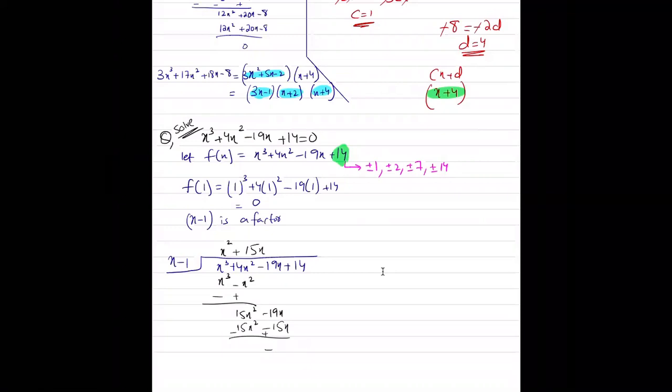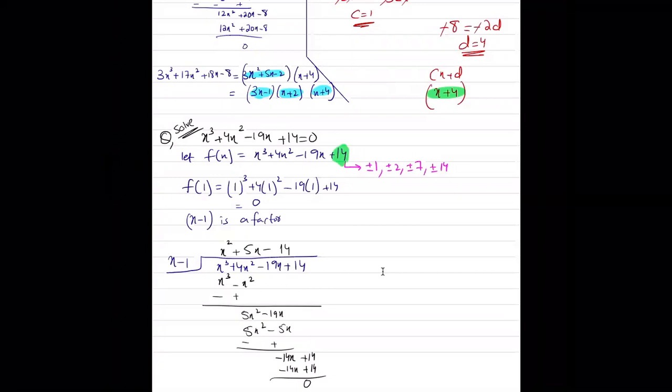Oh my bad, sorry. This is 5x squared. When you add 4x squared with x squared, you are going to get 5x squared minus 19x. This should be multiplied by 5x to get you 5x squared minus 5x. This is going to give you minus 14x plus 14. Multiplying x minus 1 by minus 14 gives you minus 14x plus 14, and the remainder is 0.